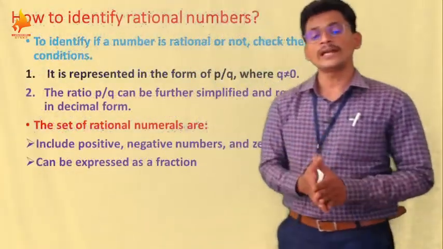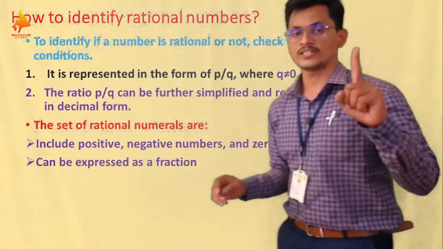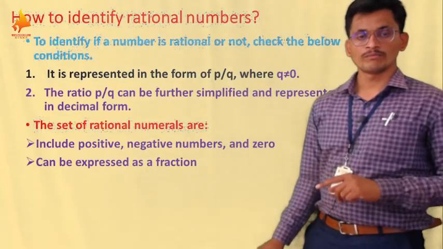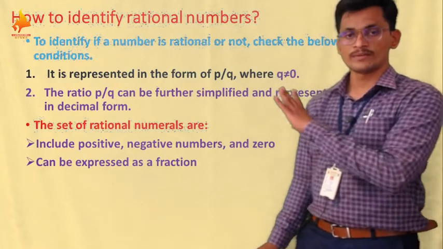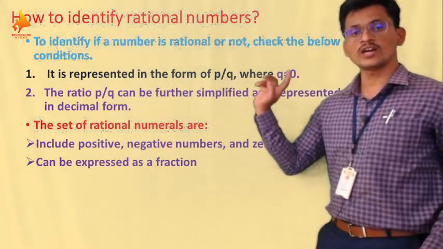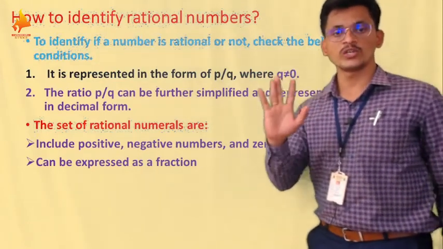Now, how to identify whether the given number is rational or not? First condition: it is in the form p by q, numerator upon denominator. But what is the condition? Denominator q should not equal 0.